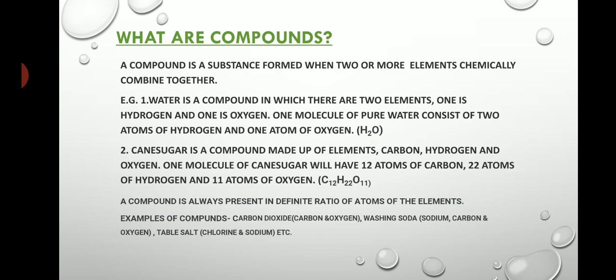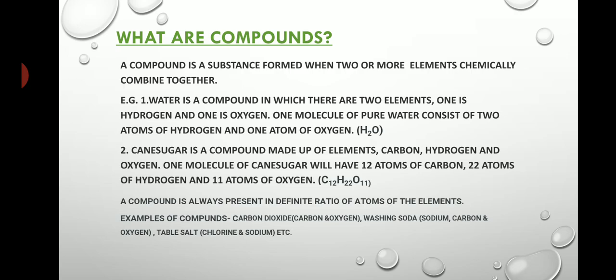Let us take one more example, cane sugar. It is a compound made up of the elements carbon, hydrogen and oxygen. In this there are three elements which are chemically combining. How many molecules of cane sugar will be formed?